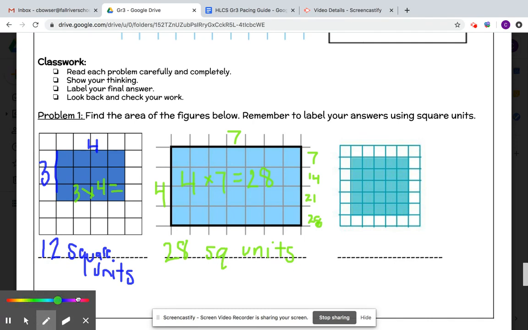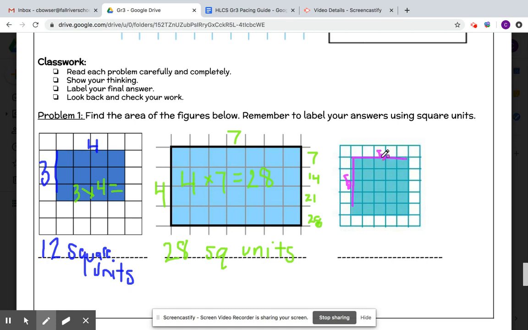I'm going to change colors. Let's use some pink. So we, again, can count our square units one at a time, but we said that was slow. So let's this time just try to use multiplication. So I'm going to find the length. 1, 2, 3, 4, 5. That is this length, and then the width, 1, 2, 3, 4, 5.